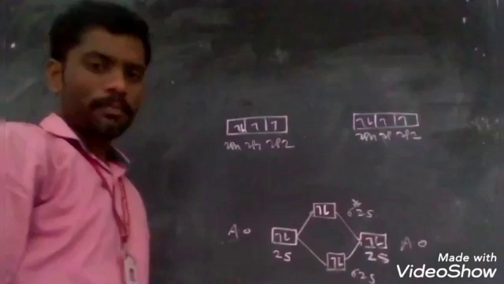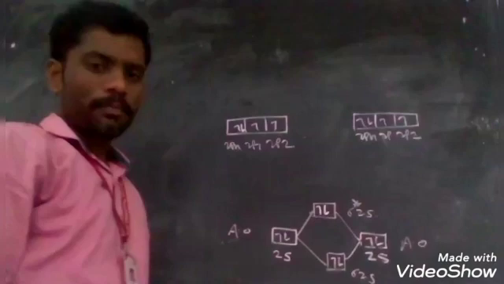See the electronic configuration for oxygen molecule: K for the 1s orbital, sigma 2s2, sigma star 2s2, sigma 2px2, pi 2py and pi 2pz each containing 2 electrons, and then pi star 2py1 and pi star 2pz1. This is the electronic configuration for oxygen molecule.